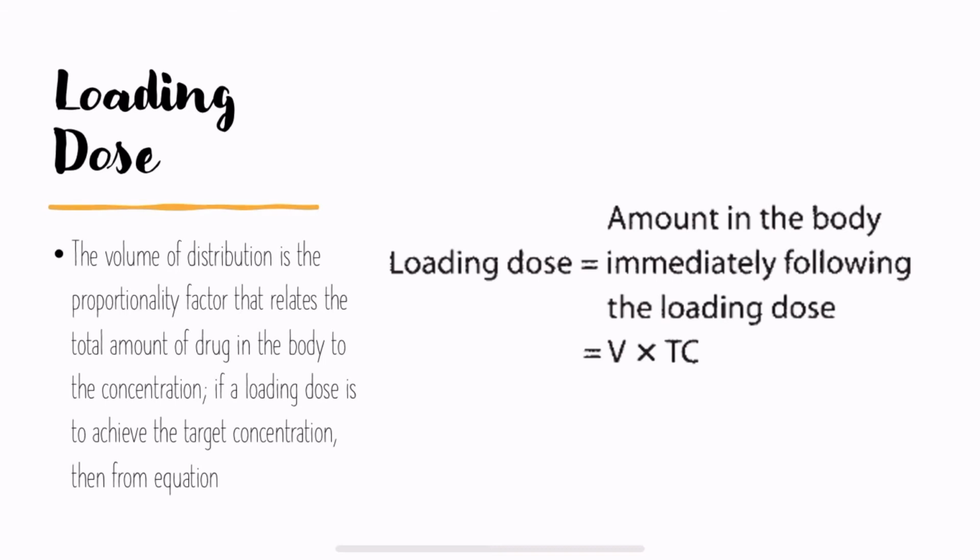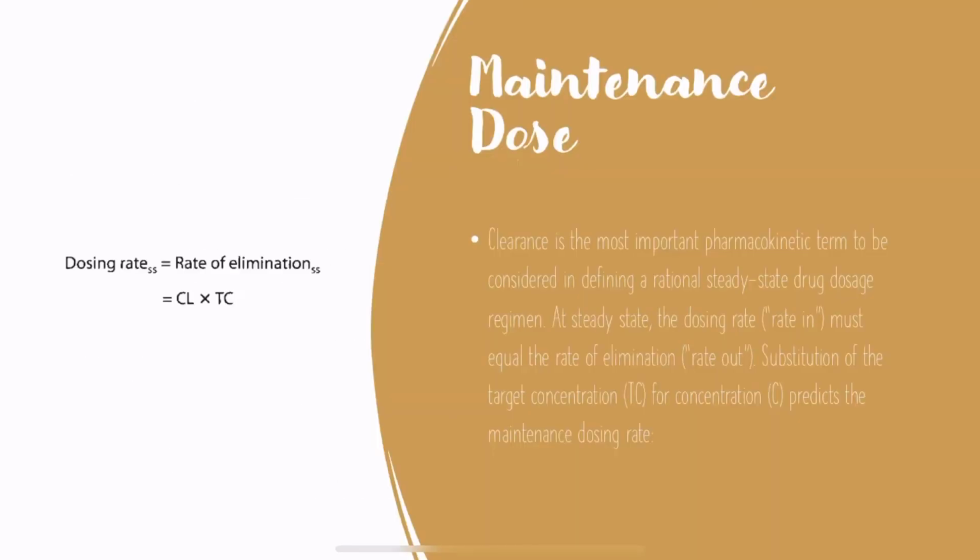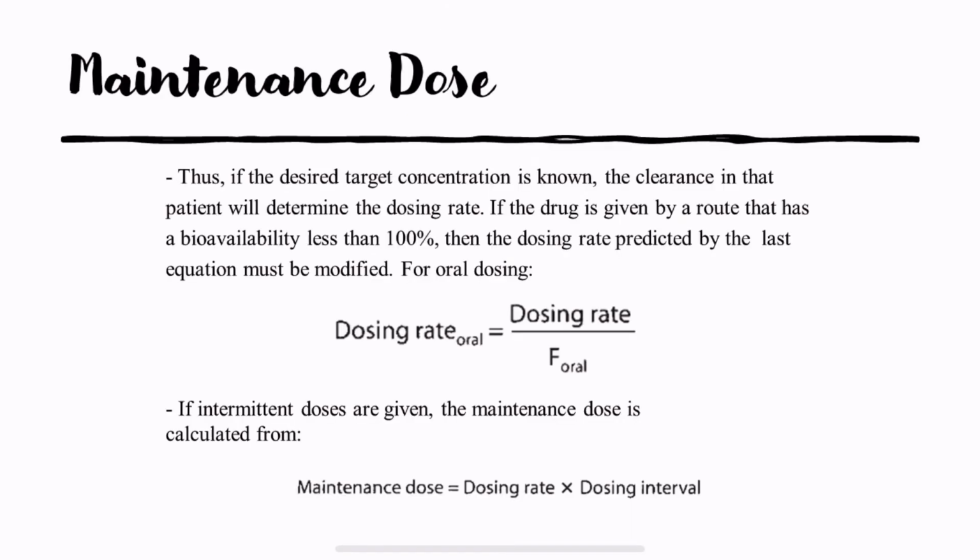So, loading dose. The volume of distribution is a proportionality factor that relates the total amount of drug in the body to the concentration. If a loading dose is to achieve the target concentration, then from the equation, the loading dose is equal to the amount in the body immediately following the loading dose, which equals volume times TC. The TC again is the target concentration.